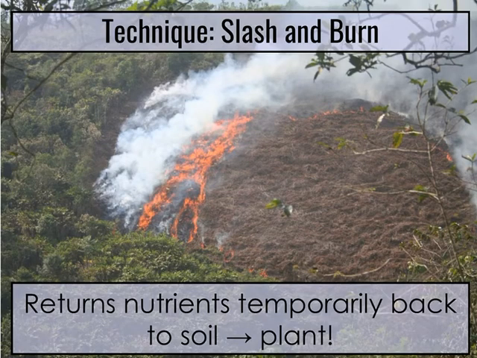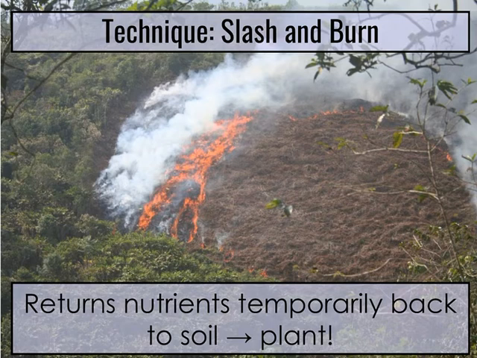A lot of people tend to clear out land and try to get the soil rich with nutrients before they plant their crops with this technique called slash and burn. So in the slash and burn technique, we see the removal of vegetation in an area, and then all that vegetation gets lit on fire to reintroduce those nutrients back into the soil.